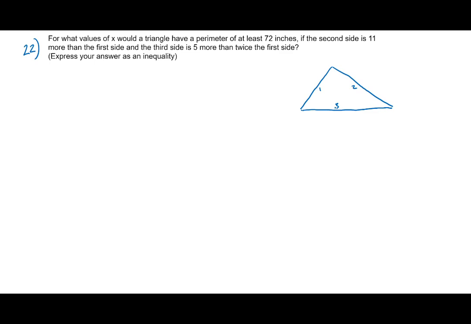Now, if we go back to the problem, the second half of the problem, if the second side is 11 more than the first side, well, that's important. And then we also have another statement, the third side is 5 more than twice the first side. So let me pull those 2 statements out.